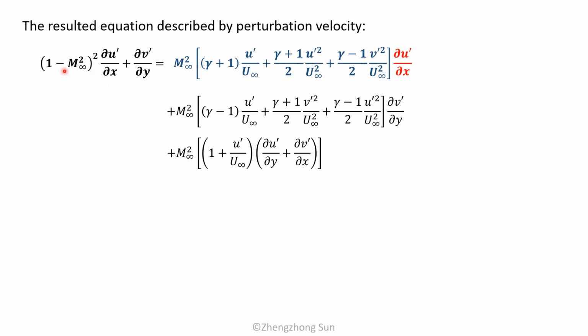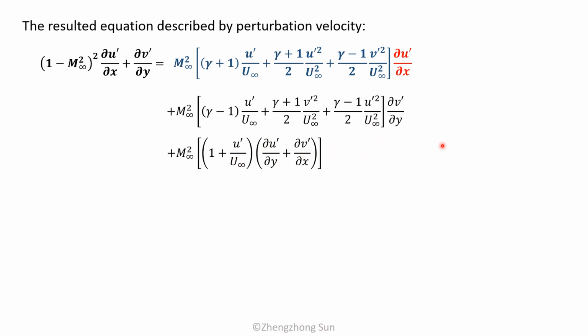So the coefficient is 1 minus M infinity squared, and the second is just 1. But on the other hand, the right-hand side is a bit complicated. But if we address each term progressively, we will see a better solution.